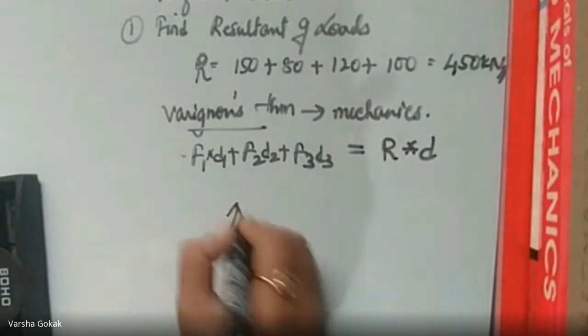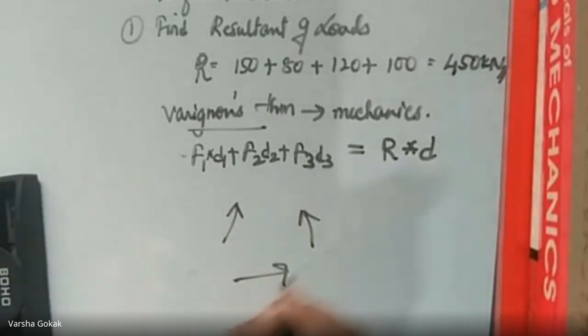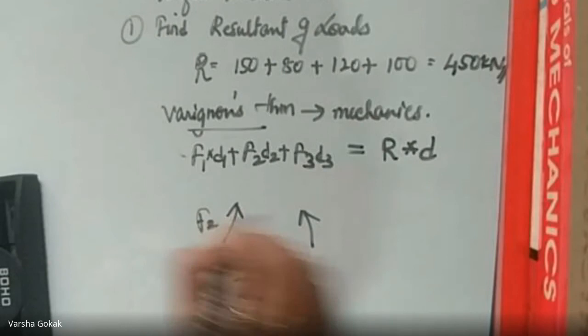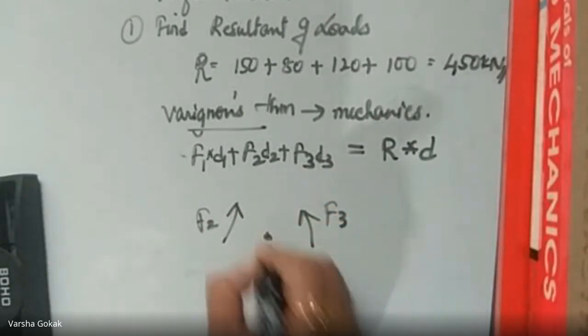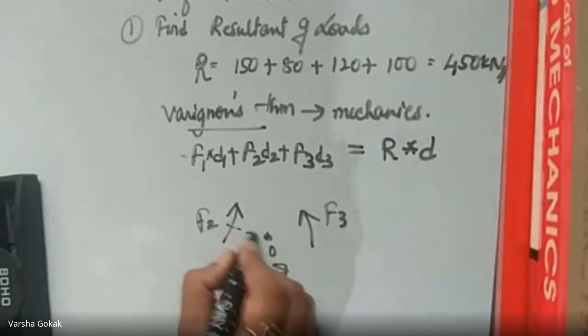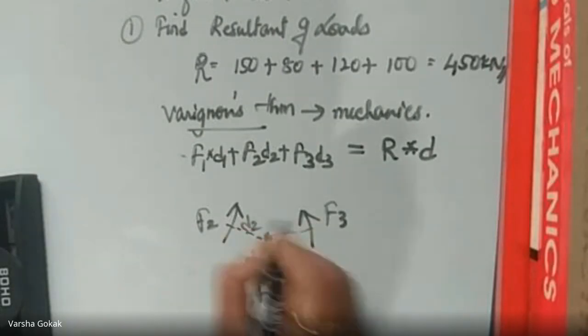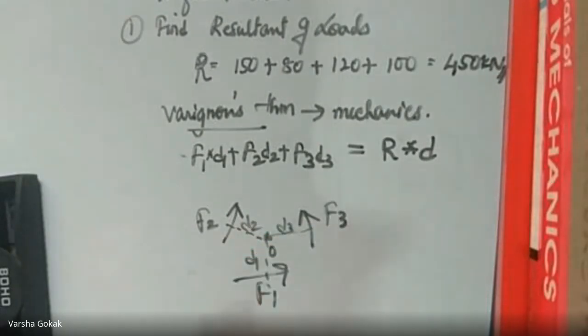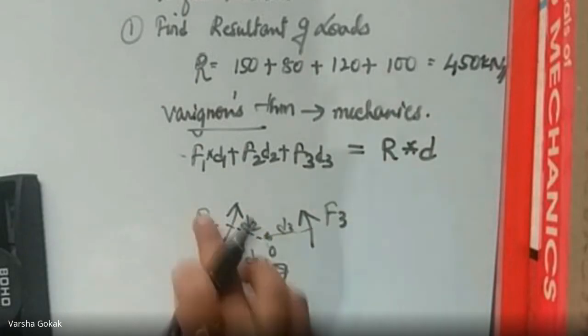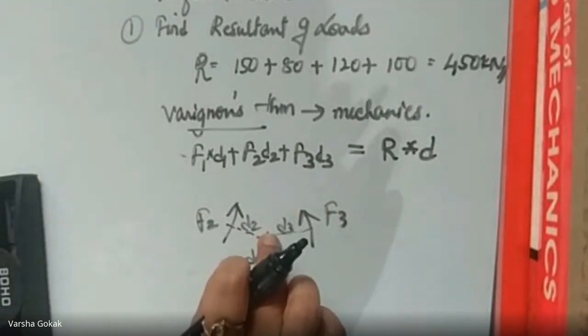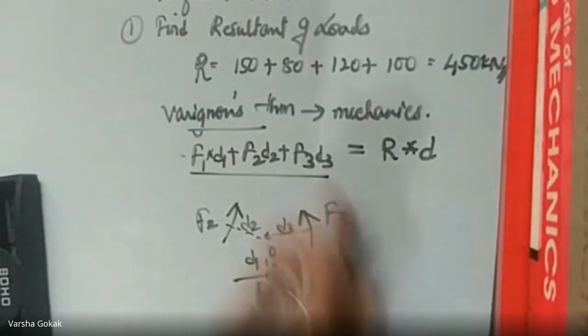So if I have forces like this, F1, F2, and F3, I'll fix a point here, O. I will get the perpendiculars of all these. So F1 is at D1, F2 is at D2, F3 is at D3. So F1 into D1 plus F2 into D2 plus F3 into D3 is the moment of the forces.